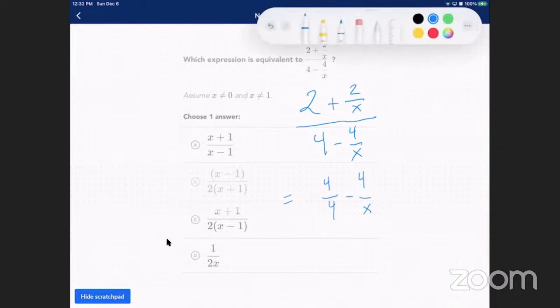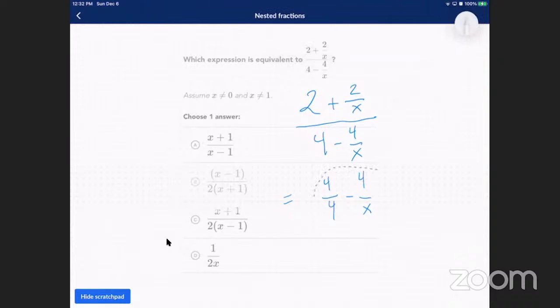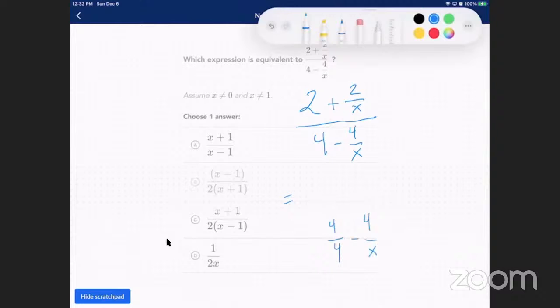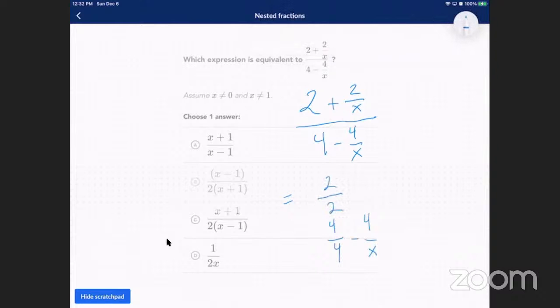And then we can also do 2 over 2 plus 2x.